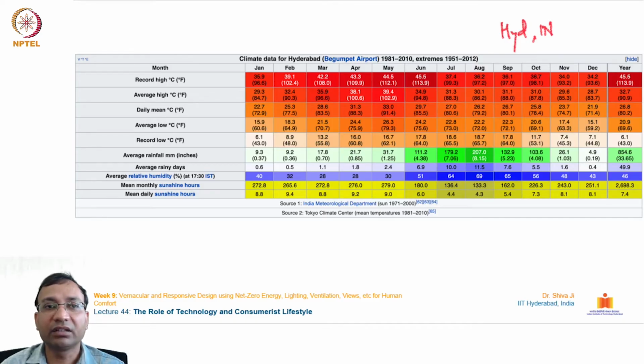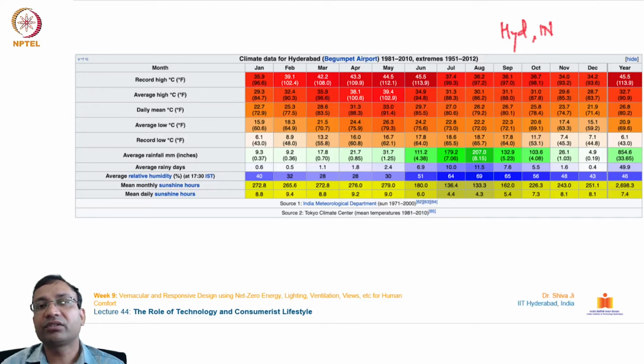Other months, like January, December, February, March, are relatively drier, with very minimal precipitation and rainy days. In the month of August, 11.5 days are rainy days, and relative humidity also increases in the monsoon months, to 69 percent.